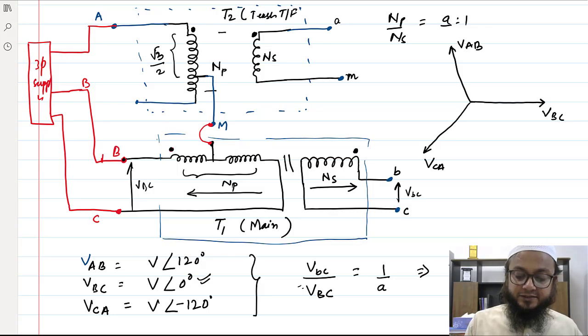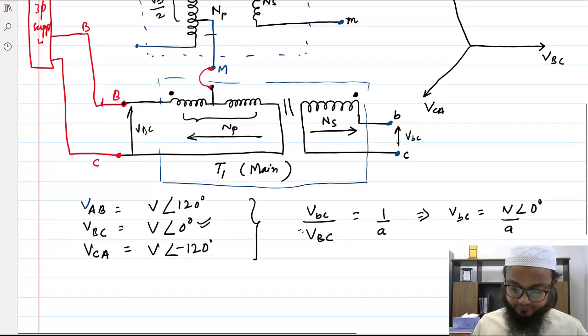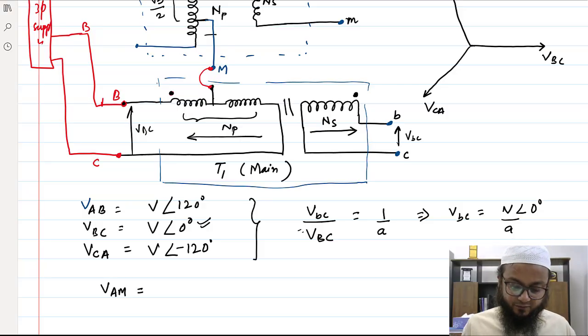Let's see what voltage will appear here if I take this turn ratio. So obviously we need to first find what this voltage VAM would be.